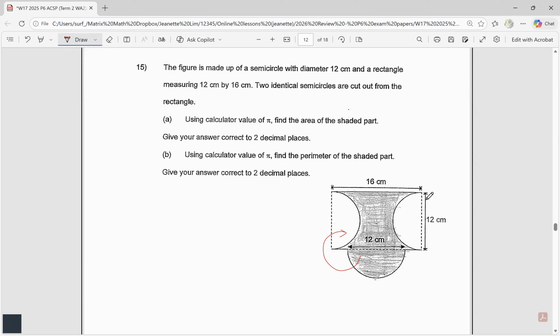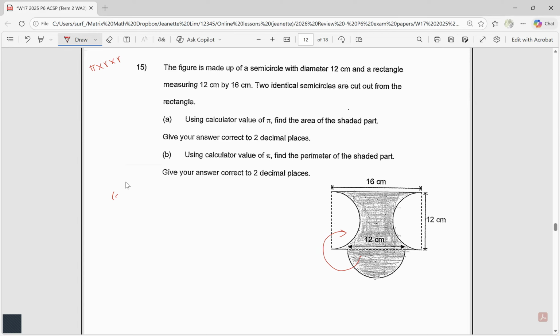Okay, so we are finding area. Area of a semicircle would be using pi times radius times radius. So I need the radius. This is the formula that you should be using for the area of circles.